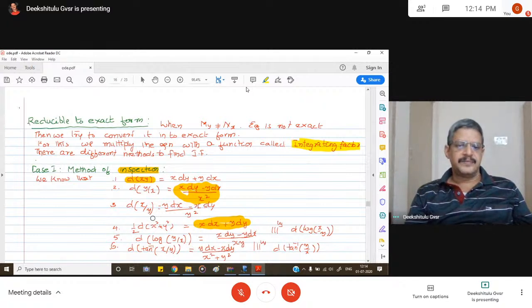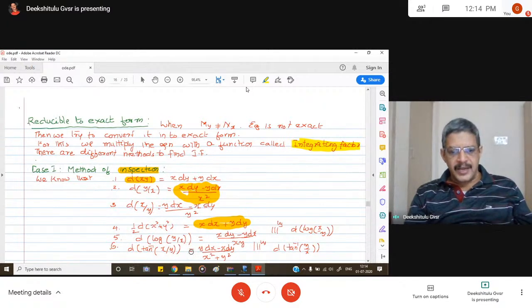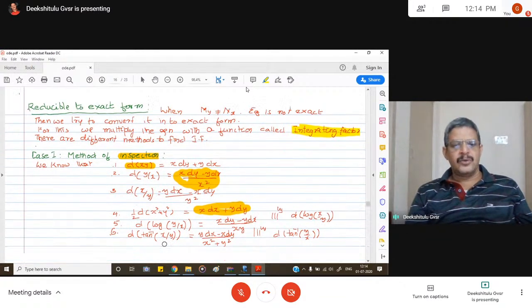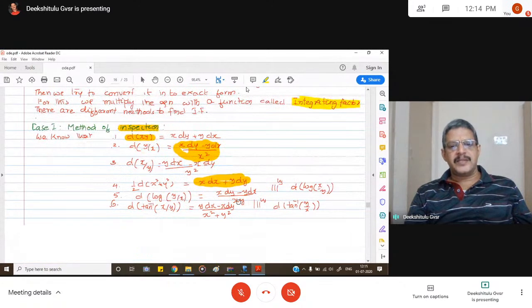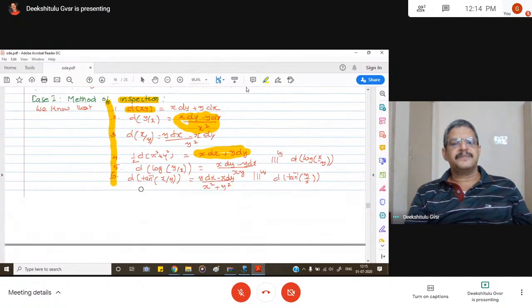These derivatives you have to remember very well. The derivative of log y by x is x dy minus y dx by xy. These formulae are very, very important.